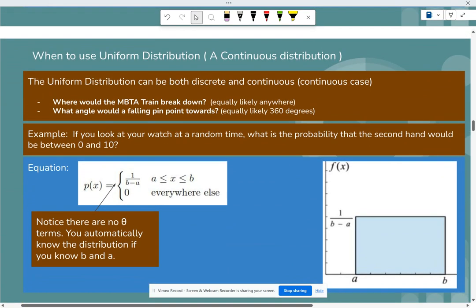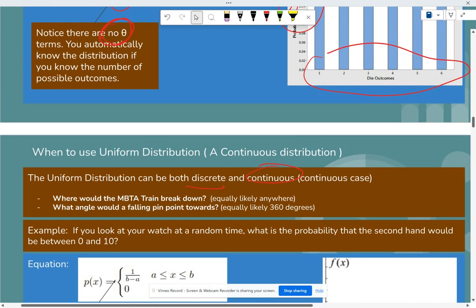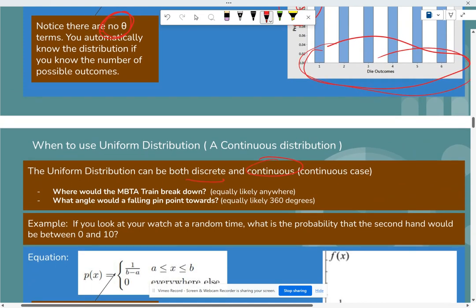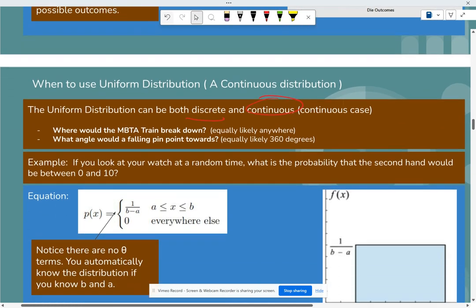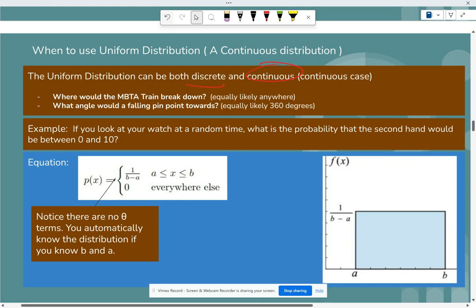Well, when do you use uniform distribution? Well, uniform distribution could be discrete or continuous. Discrete is if you have like 1 through 6 as 6 categories. Uniform is more like time, right? Let's say you have an MBTA train from A to B, right?